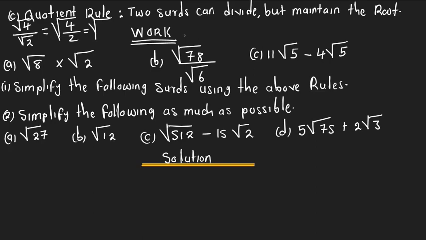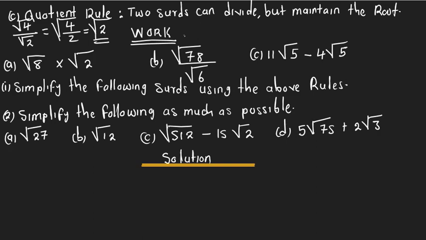I had 2 roots, but upon using the quotient rule, I have one root, dividing what is inside. These 3 rules are very important for you to understand sets. You can solve any question on sets, whatever given question you're going to have.